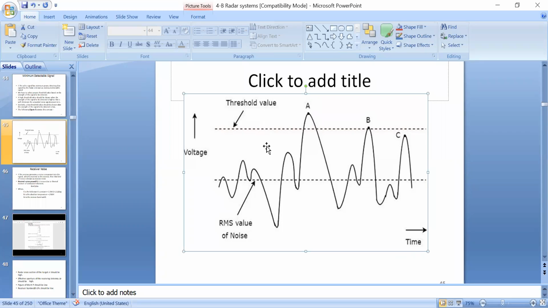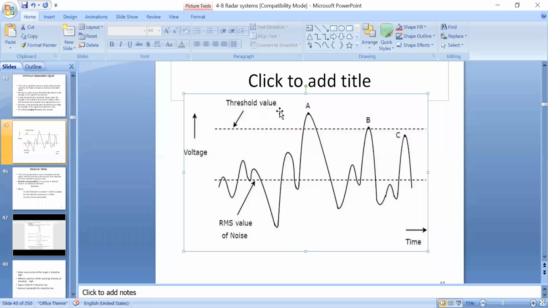Analyze here. Our target is an aeroplane, but some rain or mountains or other clutter objects are present in space. Those also reflect signals towards the radar system, those are also received by the radar receiver, and those are also included in this waveform.